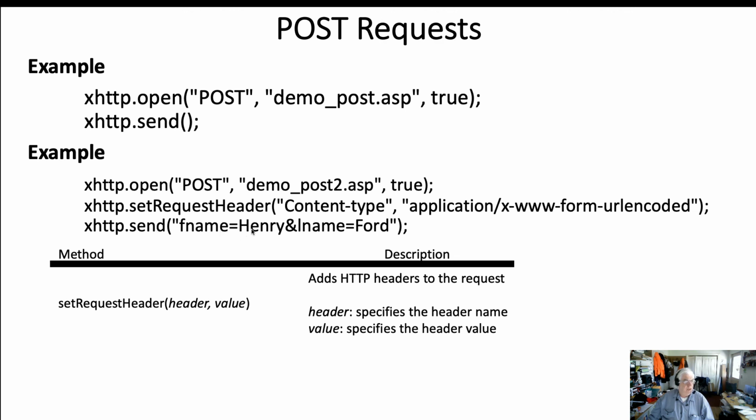F name is Henry and L name is Ford. The method is setRequestHeader, header and value. It adds an HTTP header to the request. The header specifies the header name, and the value is specified there.